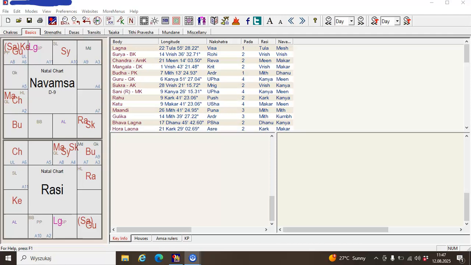If your Navamsha Lagna falls in odd signs, for instance, Mesha, let's say Kumbha, let's say Tula, let's say Simha, and so on, then your Navamsha Dasha will start from Navamsha Lagna. Simple.